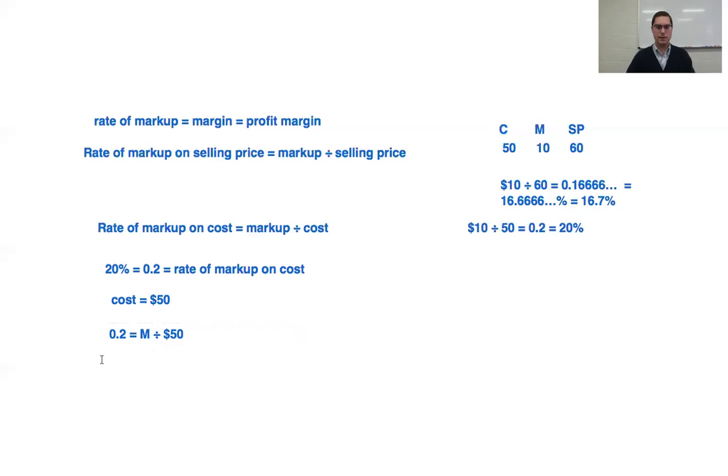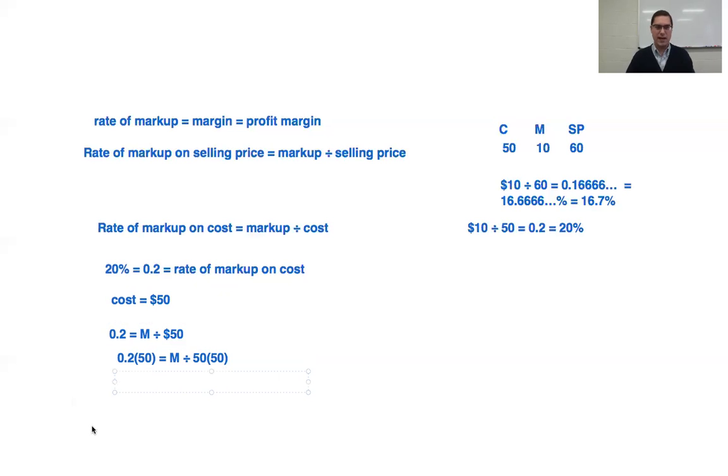The divided by 50 times 50 cancels out on that side.